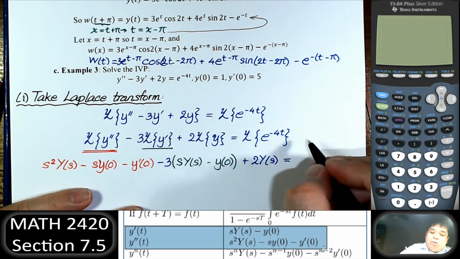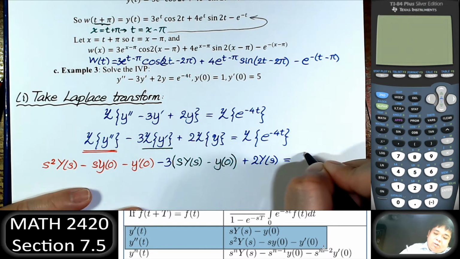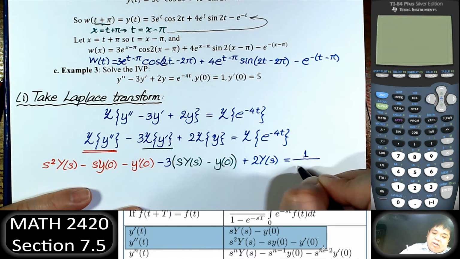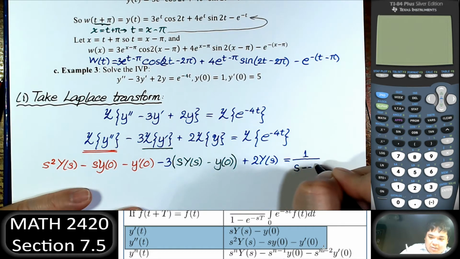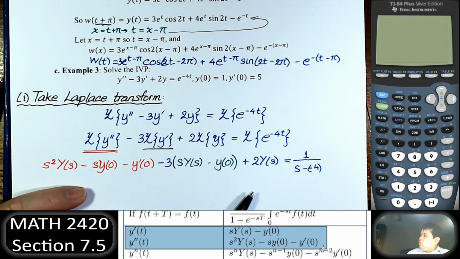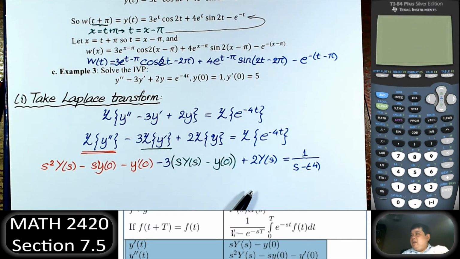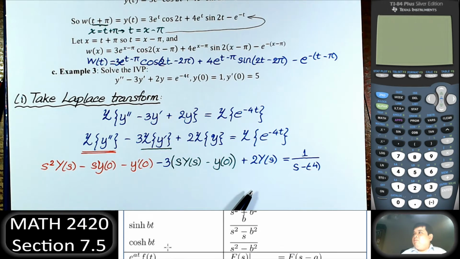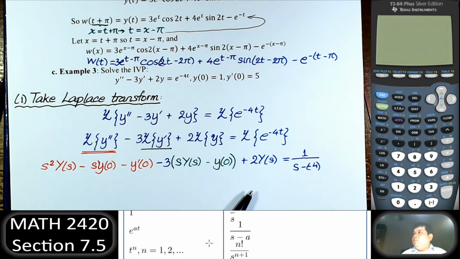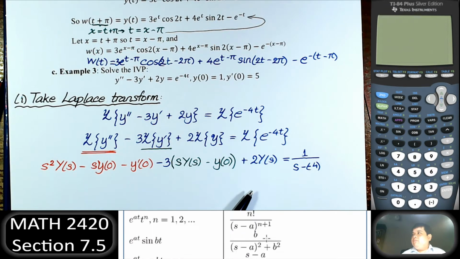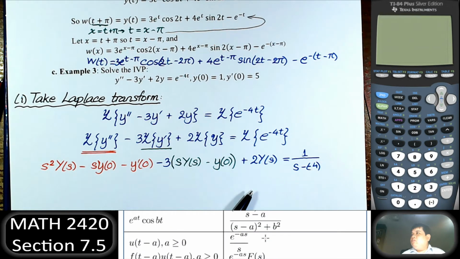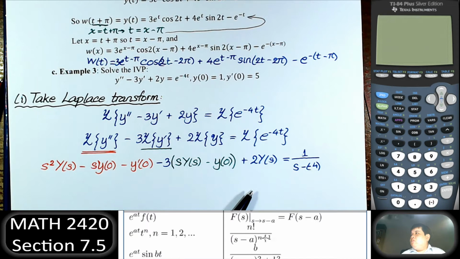And then e to the negative 4t is 1 over s plus 4, of course, from the Laplace transform of e to the at.